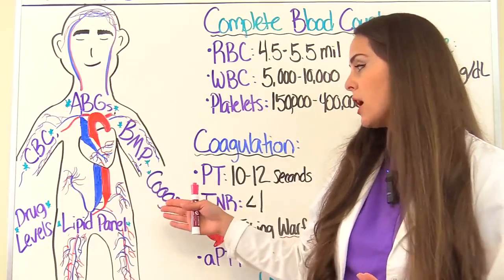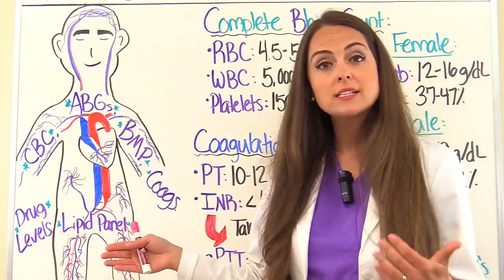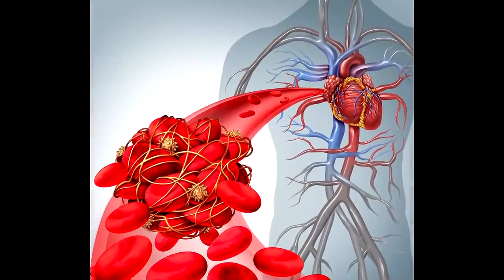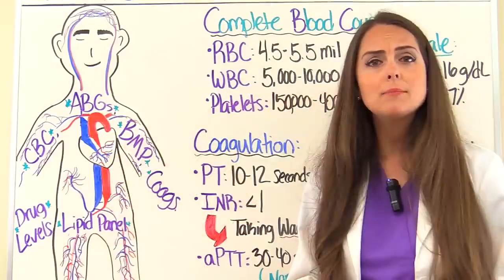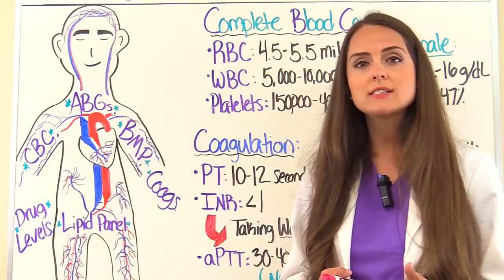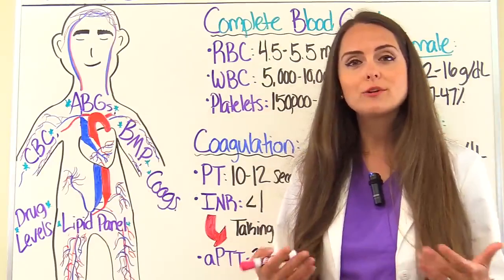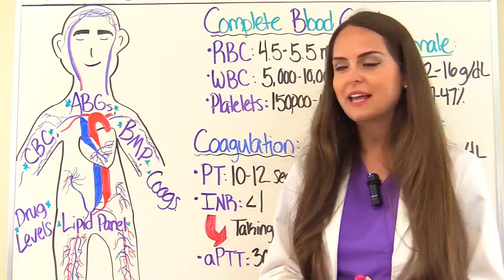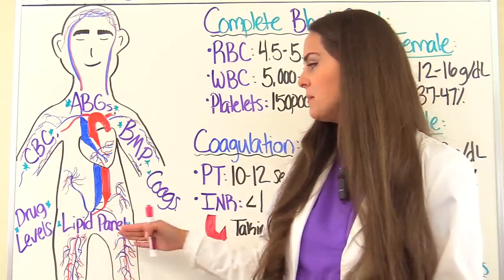Another thing you want to know, especially if your patient's on anticoagulants, are their coagulation levels, like that PT-INR, aPTT. And this is going to tell us how our patient's clotting, what's their clotting time, and if they're therapeutic on their medication. And lipid panels.